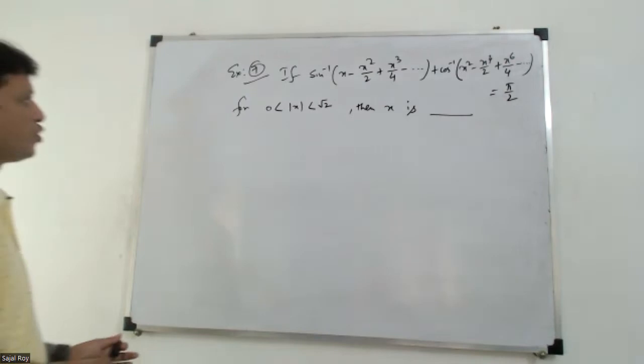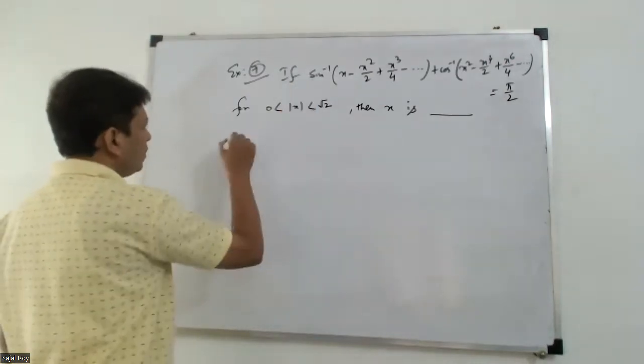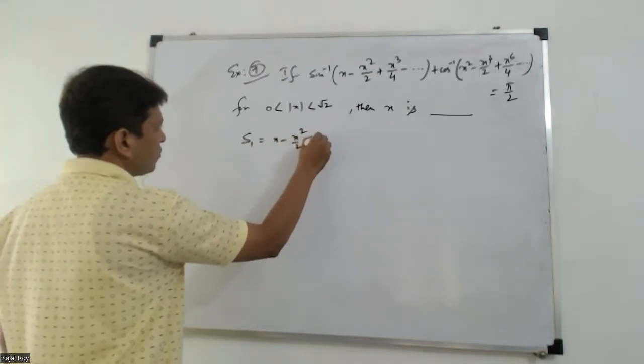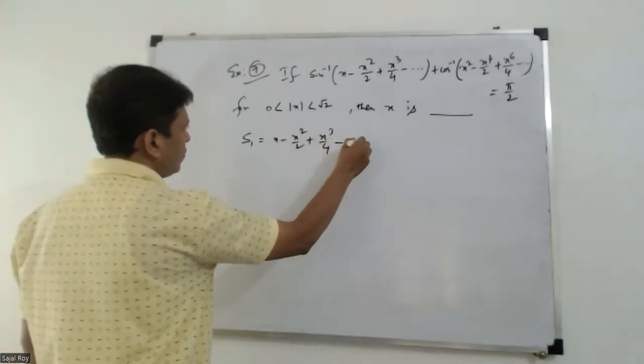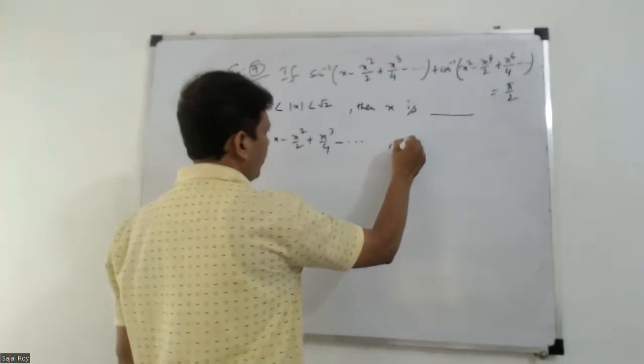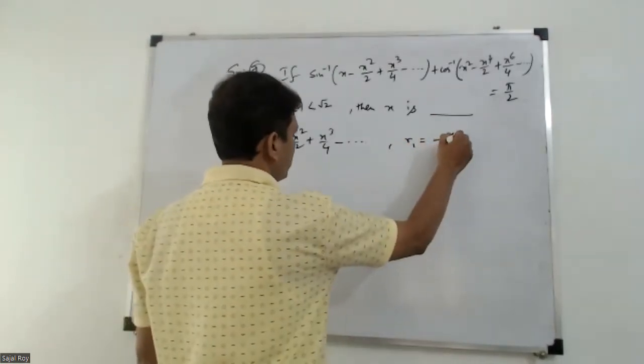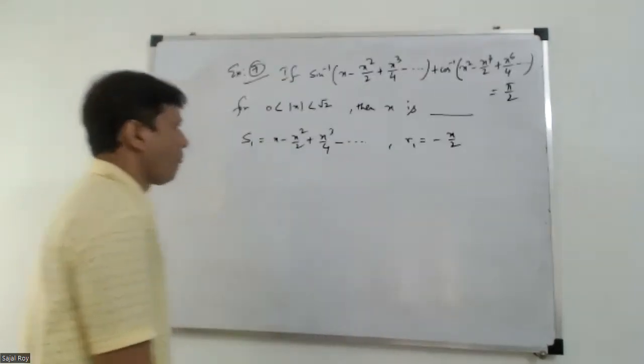What is the common ratio? S1 is, suppose. So what is your common ratio? The common ratio is minus x by 2.